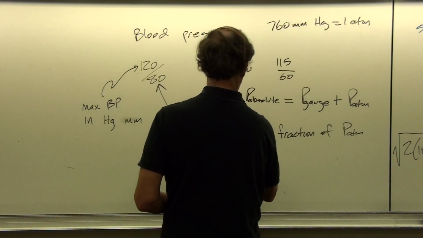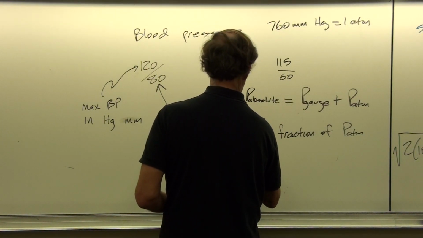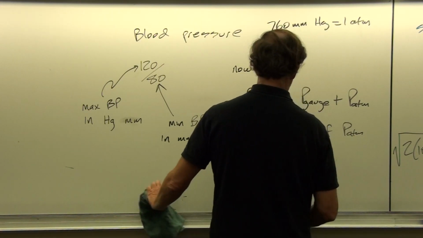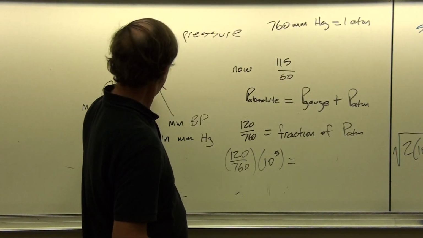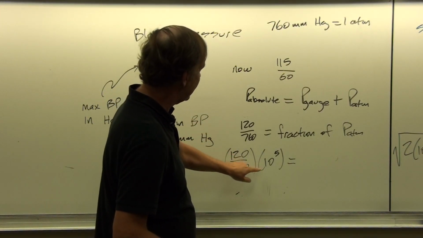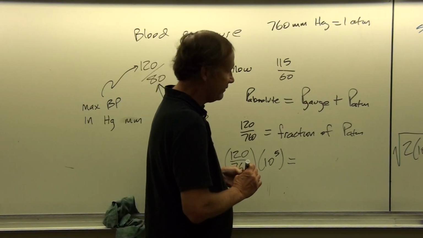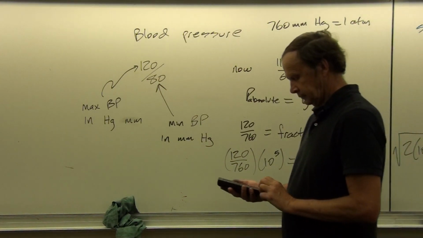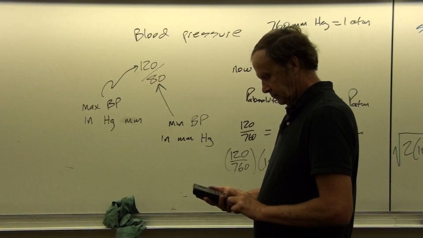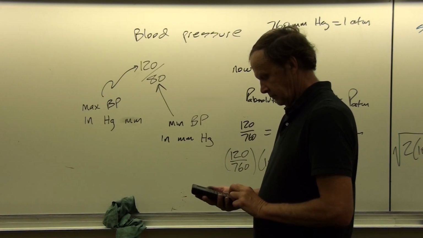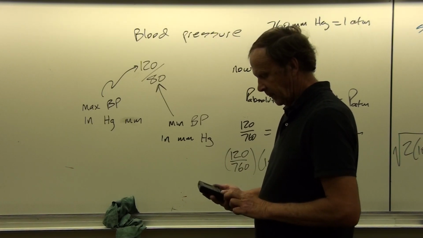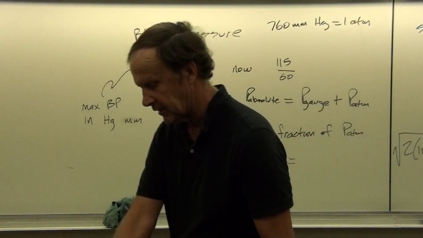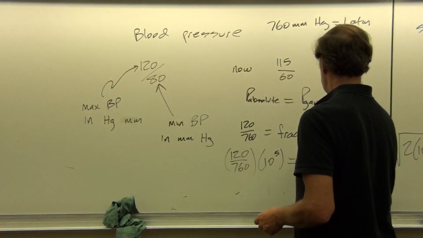Or in pascals, 120 millimeters of mercury is going to be 120 over 760 times 1 atmosphere, which is 10 to the 5 pascals. So that's 1.57 times 10 to the 4 pascals.